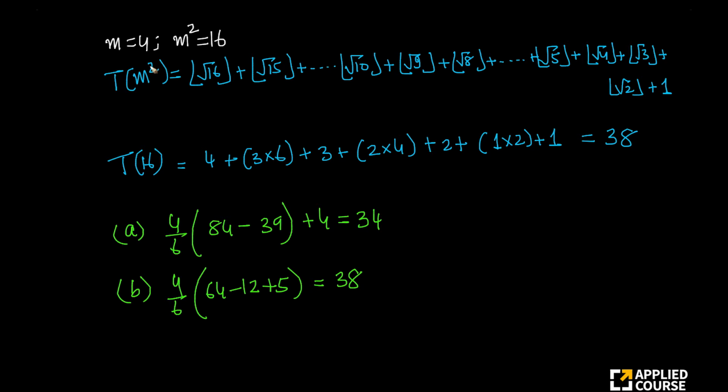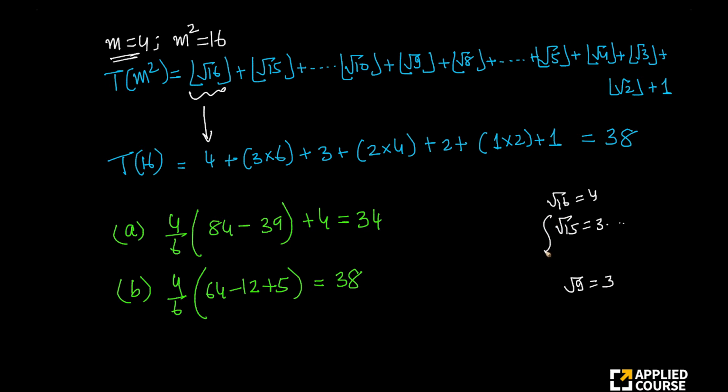So I tried with m equals to 3 also, it didn't work. Then finally I went to m equals to 4. When m equals to 4, m square equals to 16. So Tm square will be exactly this. I just expanded this. Now if you notice, what is this? This is 4. What is this? If you notice, square root of 15 is some 3 point something. Because square root of 16 is 4 and square root of 9 is 3.